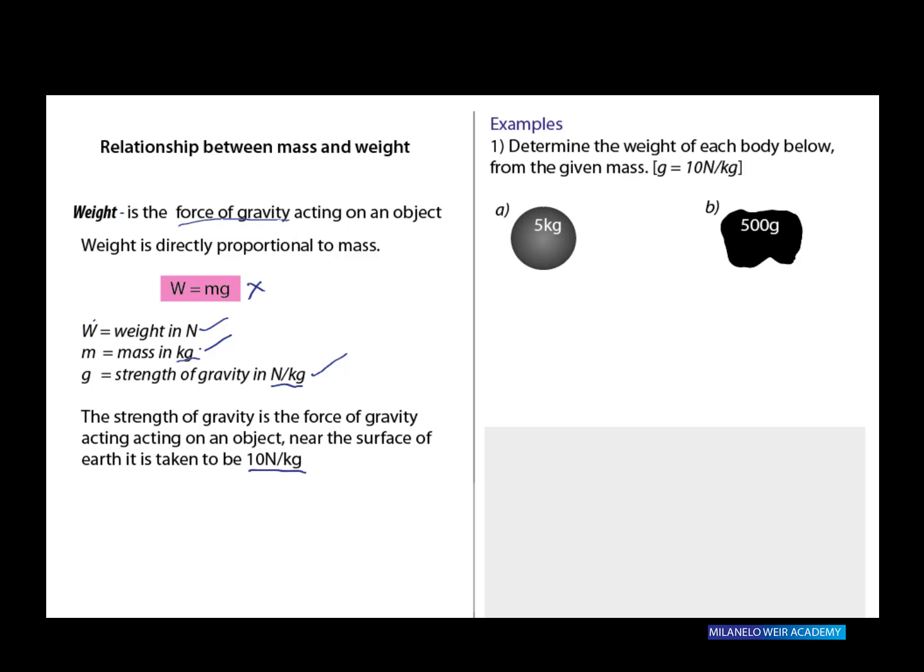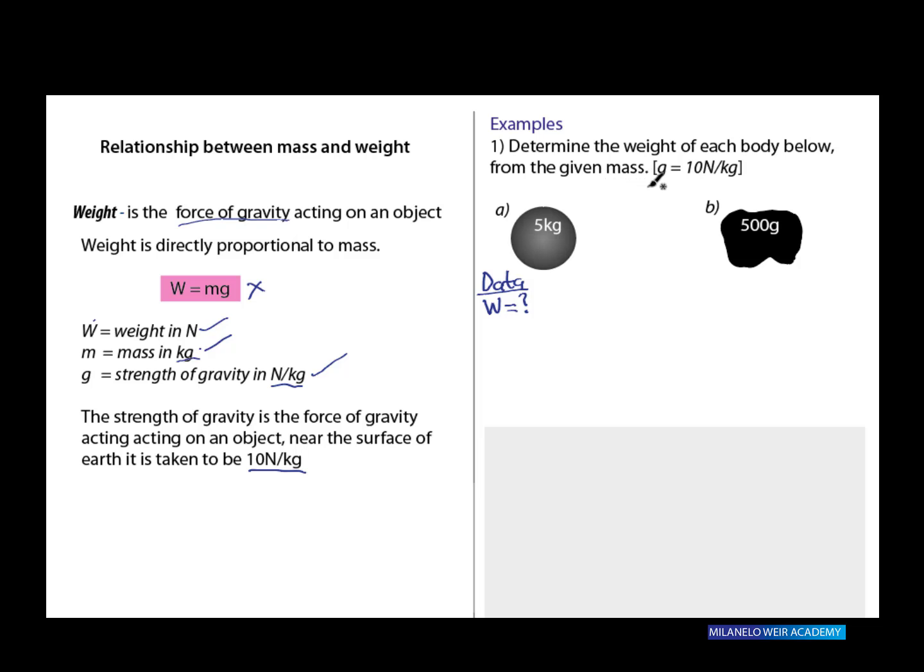As always, first things first, my friends. No exceptions. The first thing that we need to do for A is to write down the data. Data is the information that is being given that will help us to determine the weight. Determine the weight. Well, weight is equal to question mark, right?